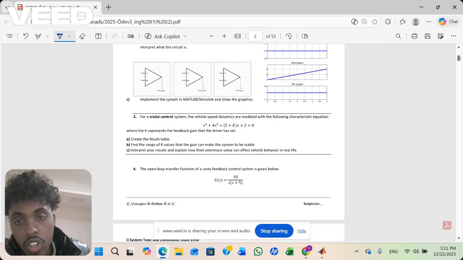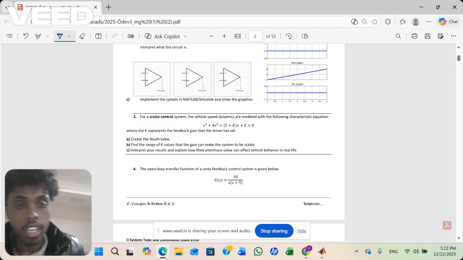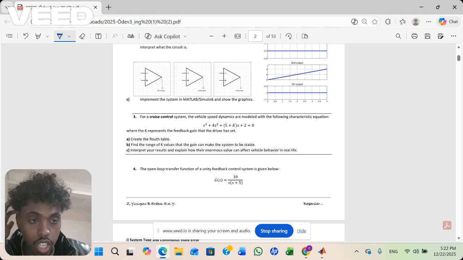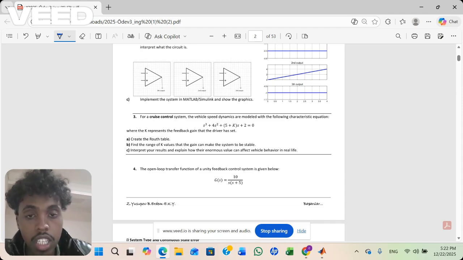For a cruise control system, the vehicle speed dynamics are modeled with the following characteristic equation: s cubed plus 4s squared plus 5 plus (5 plus k)s plus 2 is equal to 0.